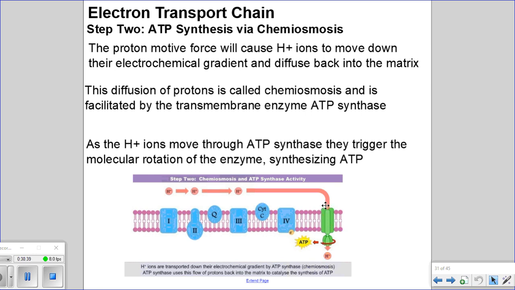So it will harness that energy of those protons moving from high concentration to low concentration to take ADP and bond it to an inorganic phosphate, creating ATP.